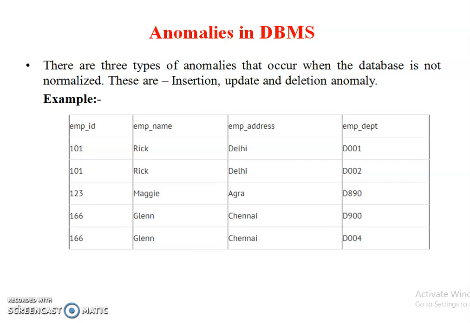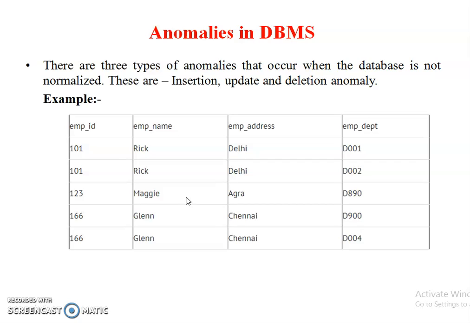Now see in this example, suppose at a point of time the company closed the department D890, then deleting the rows that have employee department as D890 would also delete the information of employee Maggie, since she is assigned only to this department. Okay. To overcome these anomalies, we need to normalize the data, and in our next session we will discuss normalization.